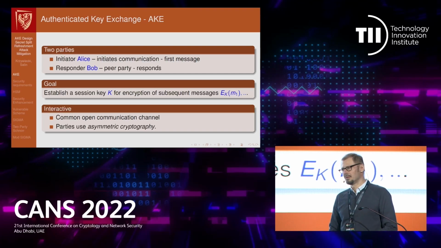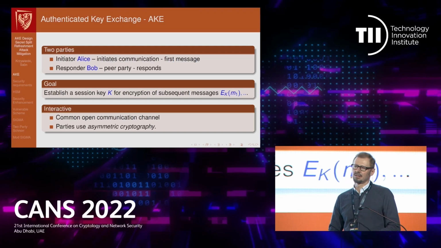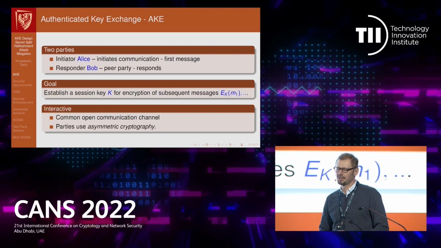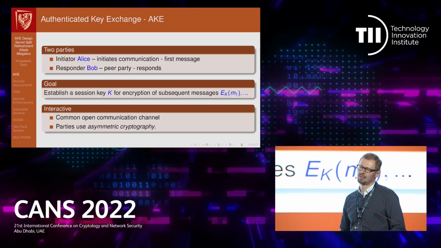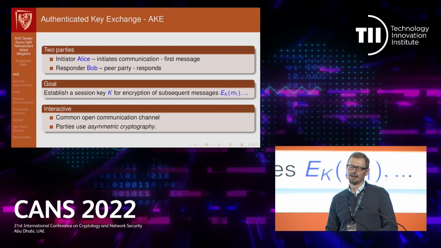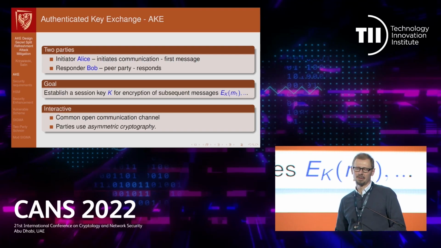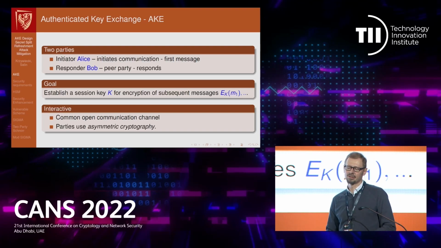For that purpose, Diffie-Hellman key exchange is usually used, and in order to mitigate well-known man-in-the-middle attacks, for the purpose of coining that secure session key, not only ephemeral public keys are used, but also static public keys from both parties, Alice and Bob.